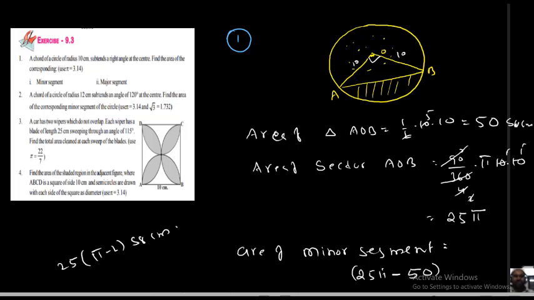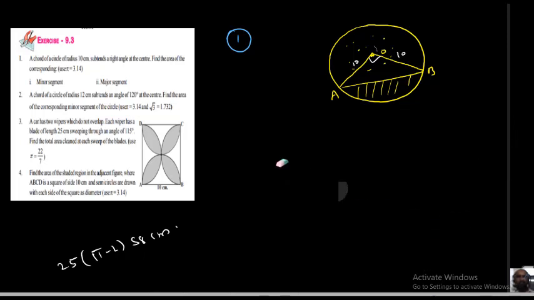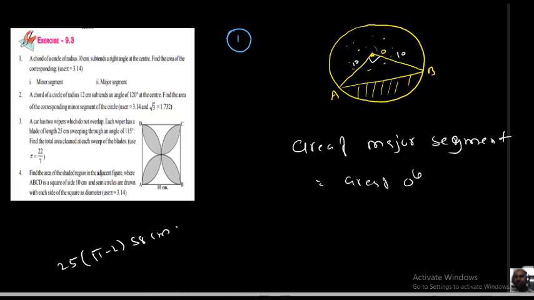So what should we find next? The major segment. What is this angle? 270. Or directly, the area of the circle minus the minor segment gives the area of the major segment. Area of major segment equals area of the circle minus area of minor segment.